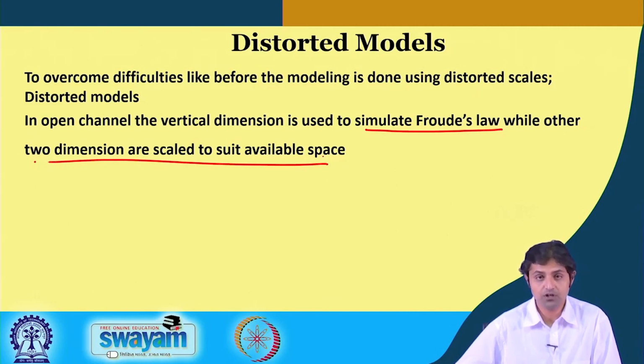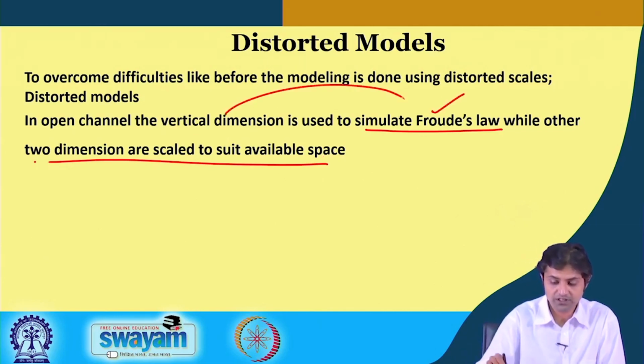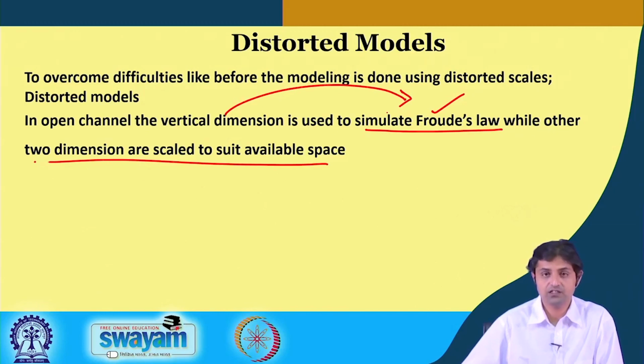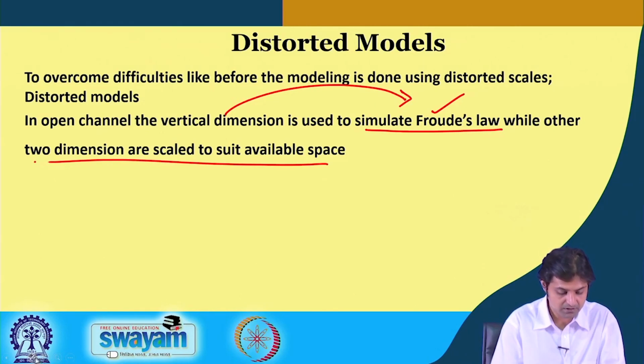So, in Froude law, in Froude number, basically for Froude law we use only the vertical dimensional scaling, and for the other two dimensions x and y we use the geometric scaling, for example.